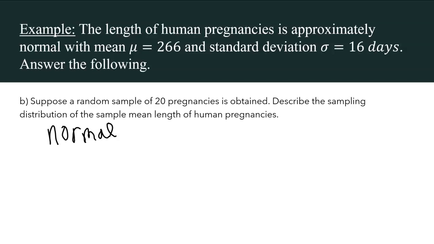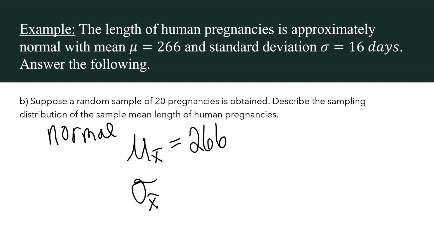So it's going to be a normal distribution, and that's because the population is distributed normal. If the population was not distributed normal, then this sample size of 20 would need to be 30 or bigger, all right? Also, we know that the mean of the sampling distribution is equal to the population mean. So our mean of our sampling distribution is also going to be 266. And then the standard deviation of our sampling distribution is going to be equal to the standard deviation of the population divided by the square root of n, which is 20.